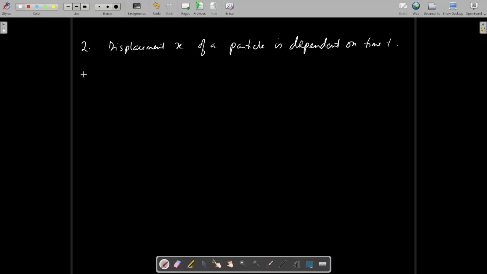They have given you a relation between x and t. What is the relation? x equals 3 minus 5t plus 2t square.